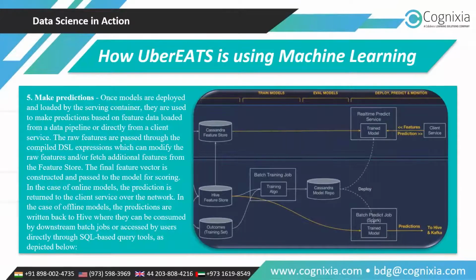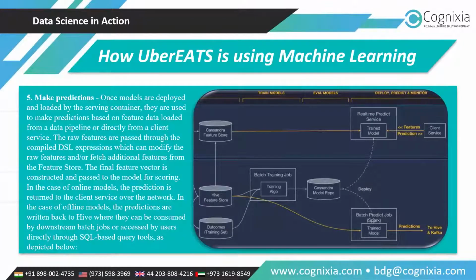So all these real-time situations are observed and sent to this particular model, and corresponding to the user, the restaurant and the food that you are ordering, the historical or static information is fetched from the Hive feature store. Once all the static and dynamic features are available in one place, the trained model is used and makes the prediction.